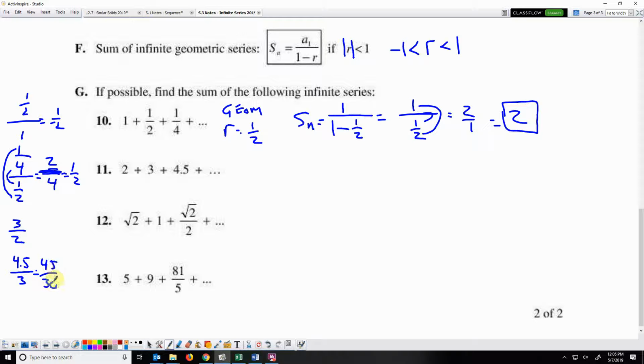And 15 goes into 45 and 30, 3 times and 2 times. So it is geometric. r is 3/2, and that is not between -1 and 1. So the sum here has no limit. The sum is infinitely large.